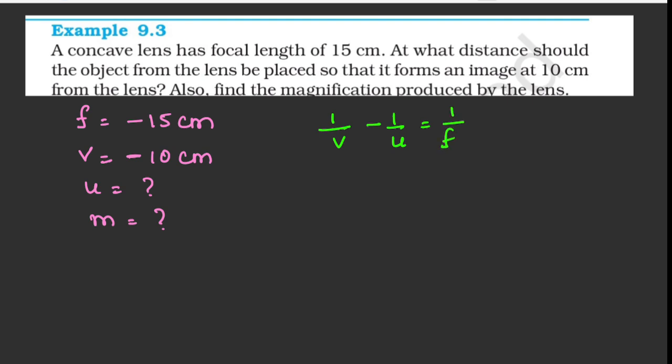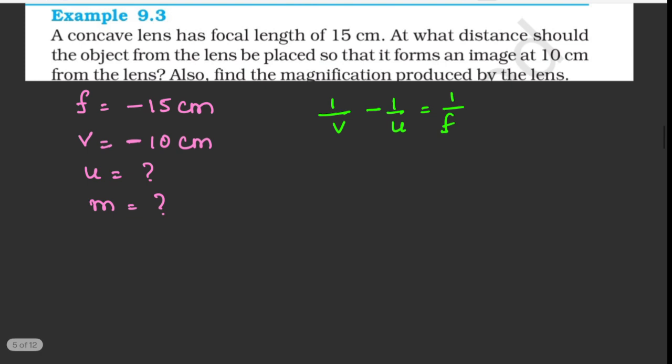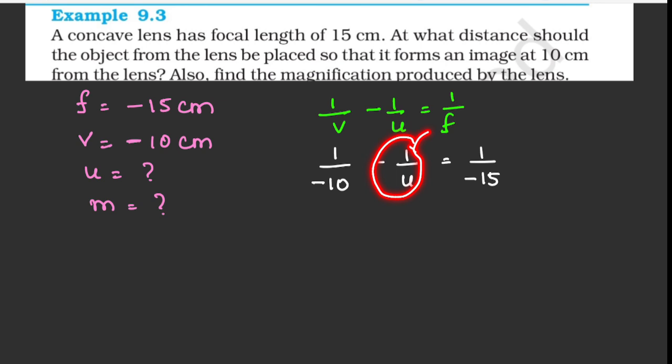Now substitute the values. 1 by v is given as minus 10, minus 1 by u is what you have to calculate, and this is equal to 1 by f, given as minus 15 centimeter. Now we are going to transfer this to the other side. A negative, if you are shifting to the other side, will become positive. In the same way, this negative, when you shift to the other side, will become positive.